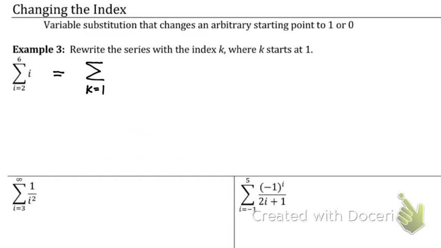When I'm adjusting down, what I'm kind of looking at is I need to subtract. To get from here to here, I need to subtract 1 from it. To get from 2 to 1, not a big concept, I subtract 1 from it. The big concept is that basically k equals i minus 1. Because when I plug a 2 in here, I get my 1 back out.